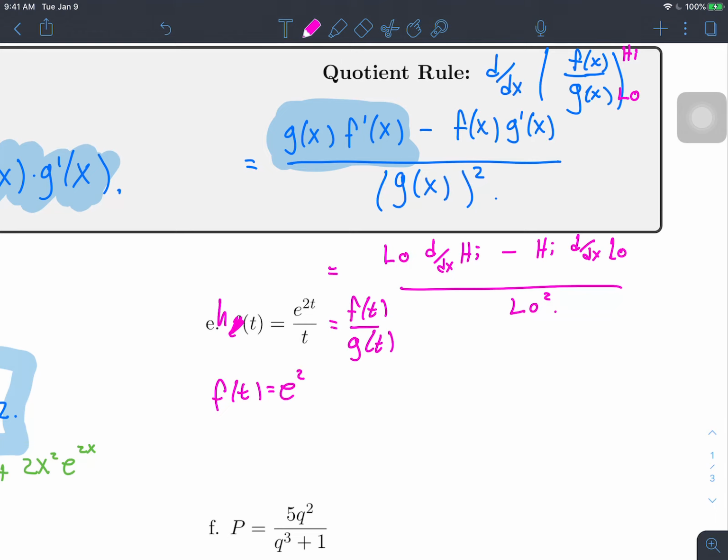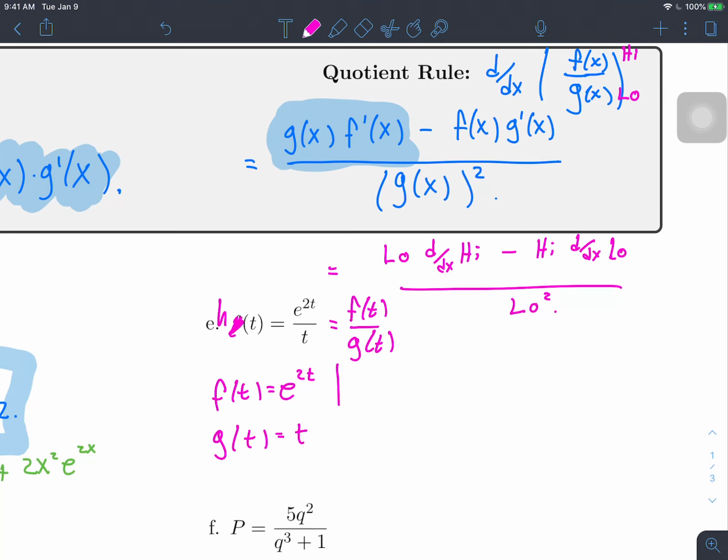It's e to the 2t. And the bottom function, g of t, is equal to t. Now, just like the other rules, we're going to first compute what is f prime and what is g prime, and then we're going to plug everything into the formula.